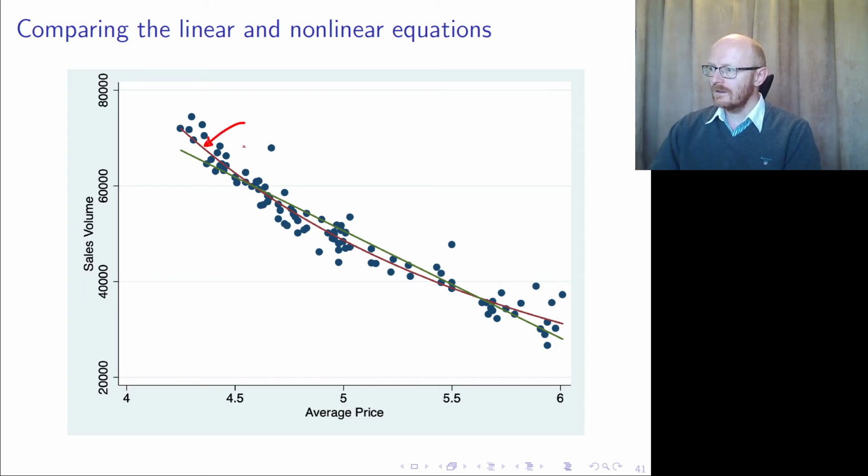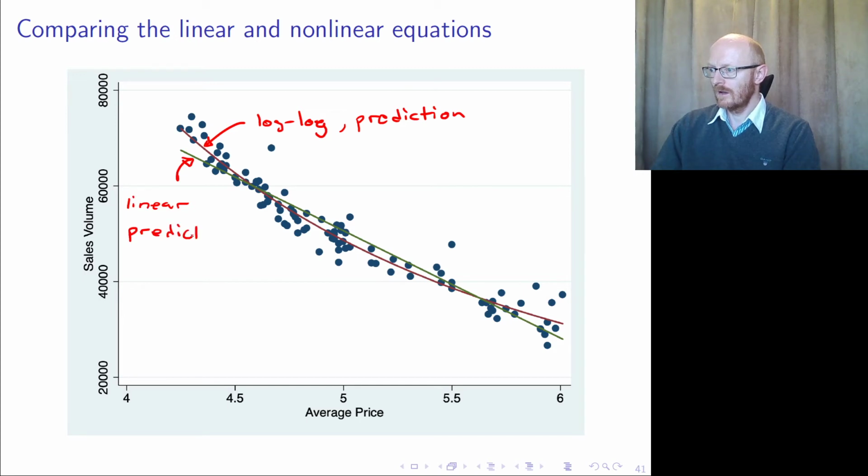And here you have the log transform, and this is like a prediction, and this green line is the linear prediction.